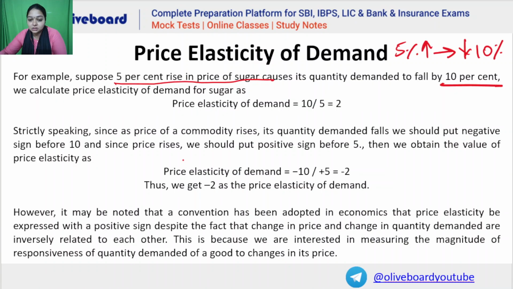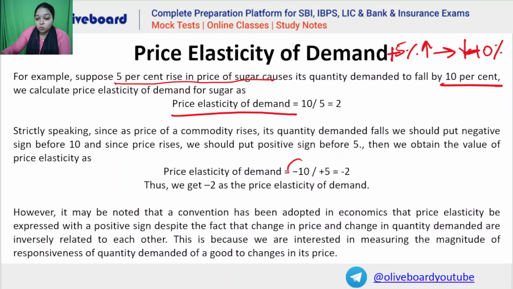So your price elasticity is equal to 2. The same thing is written over here. But now can you see that this is a decrease in quantity demanded, so we need to give it a negative sign, and this increase in price, we need to give a positive sign. That is what they have done.